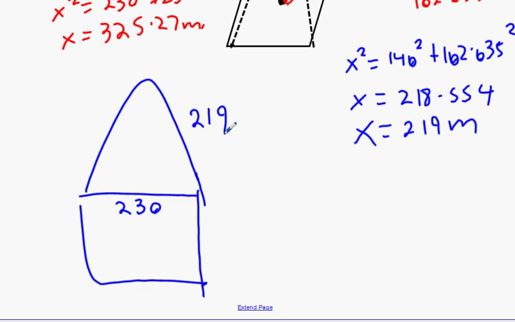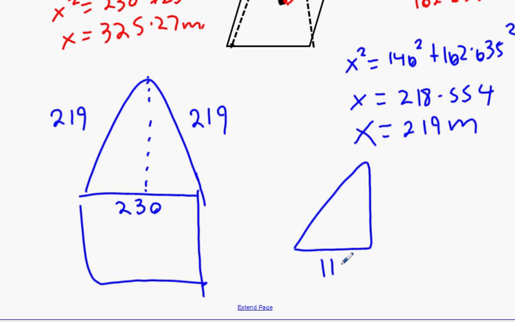What's the other slanty edge? What type of triangle is this? Isosceles, which means when I draw something down the centre, it cuts it in half. So I effectively have 115 and 219, and now I can find out the perpendicular height. That makes sense?